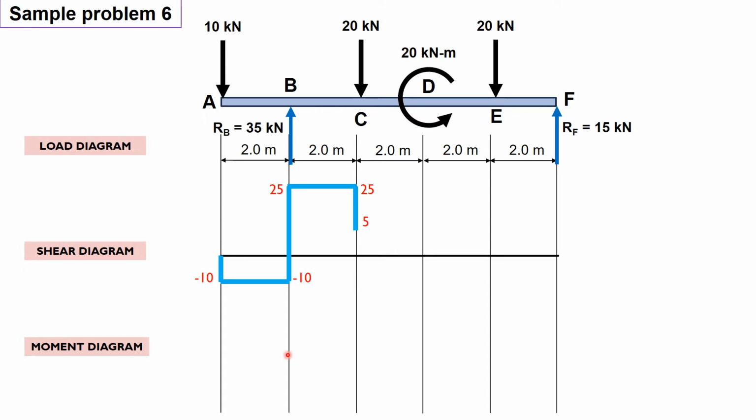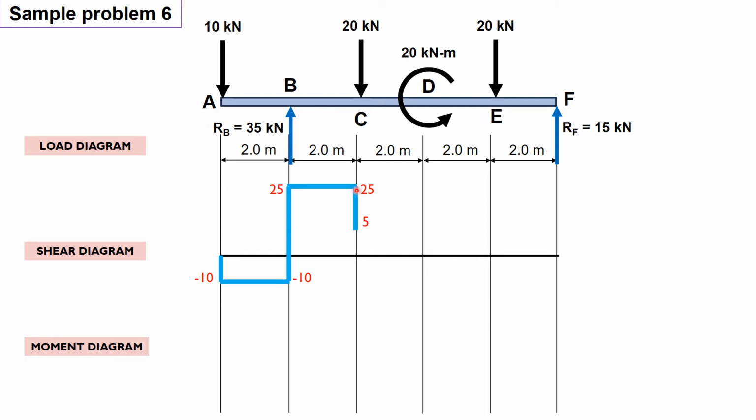So, again, mula dito, negative 10, walang load, so horizontal. Then, negative 10 plus 35 will give you positive 25. Between B and C, walang load, so horizontal. Pagdating dito, 25 minus 20 is 5.